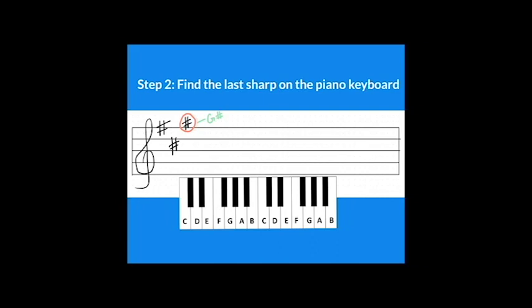Next, we'll want to locate the last sharp on the piano keyboard. So our last sharp is G sharp. And remember that the last sharp is T, so this key right here, G sharp, is T. And our final step is going to be to find do.